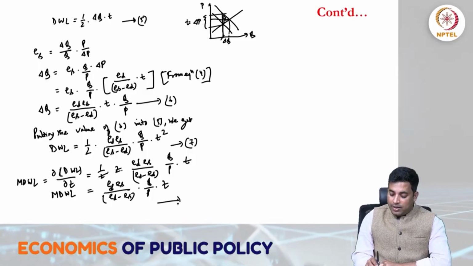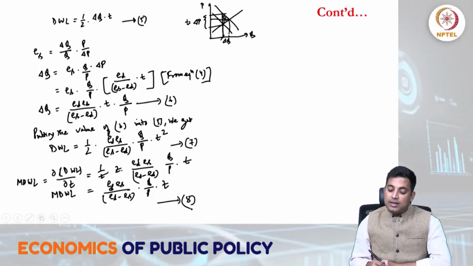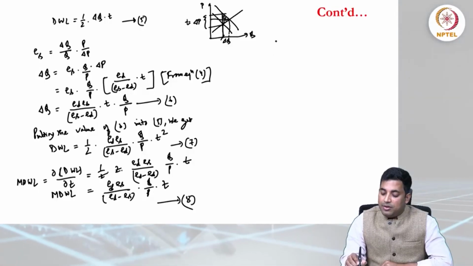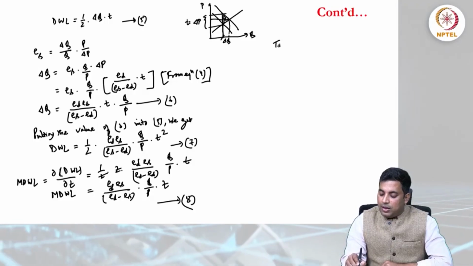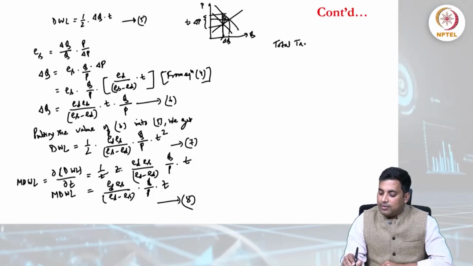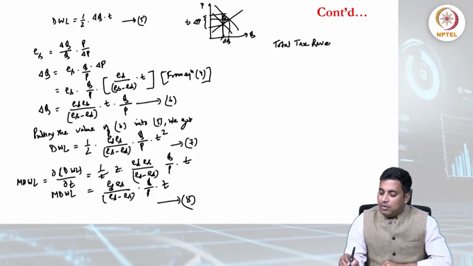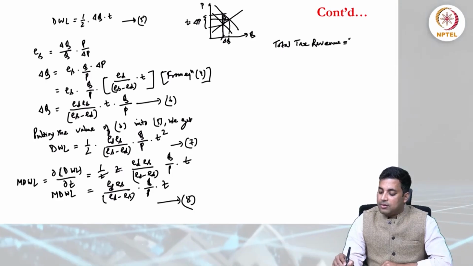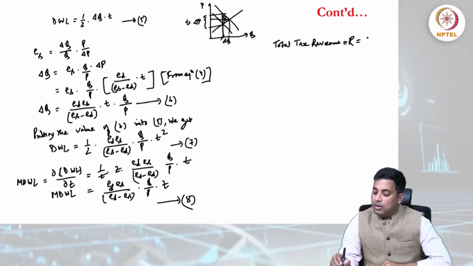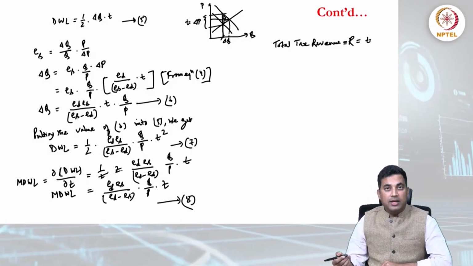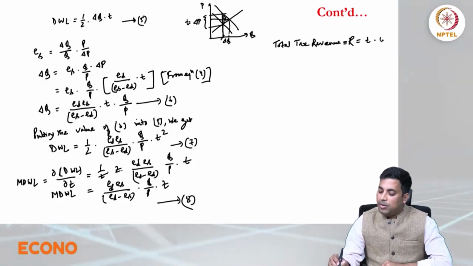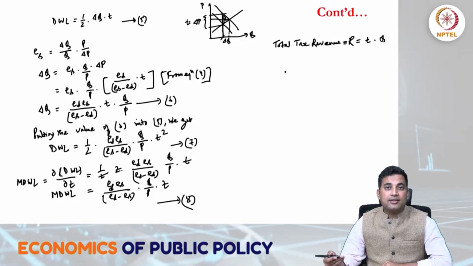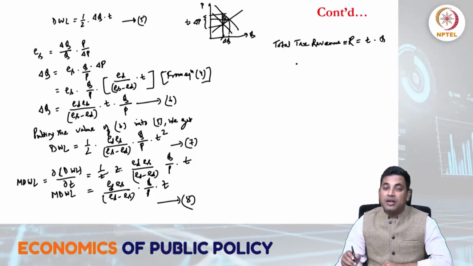Now we can give this as equation 8, and we can also try to find out the total tax revenue. We can write capital R equals t times Q, where small t is the tax rate per unit, or one can refer to it as the total tax revenue target.